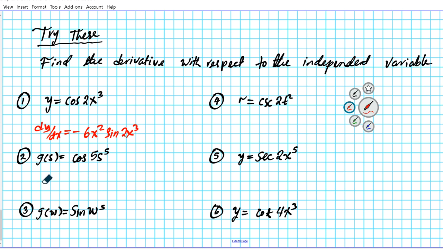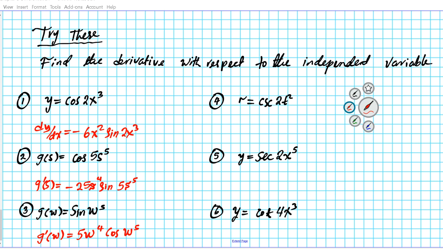And for number 2, g prime of s is negative 25s to the fourth power sine 5s to the fifth power. For number 3, the derivative g prime of w is 5w to the fourth power cosine w to the fifth.